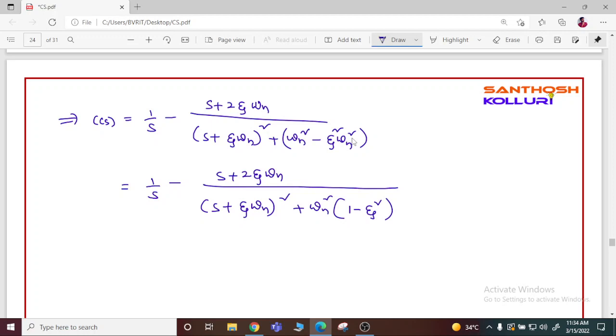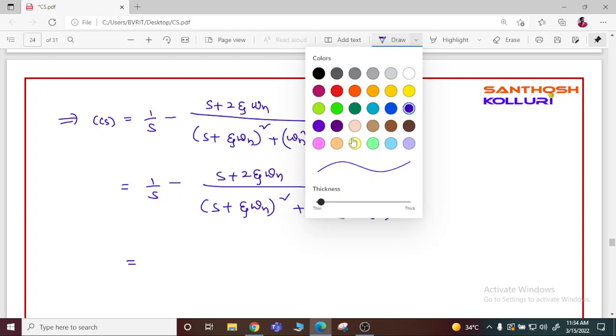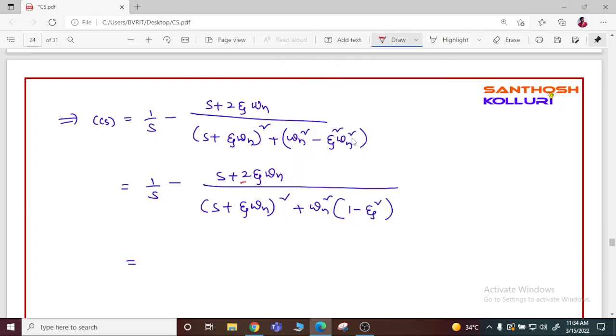Here I can divide the numerator, as 2 zeta omega n is there.